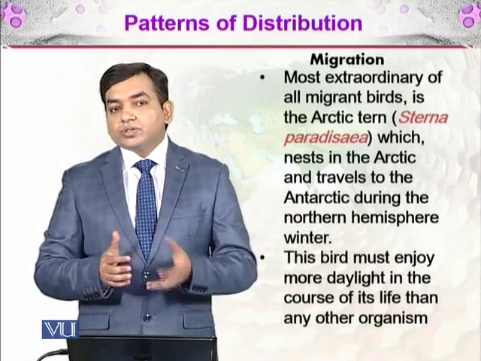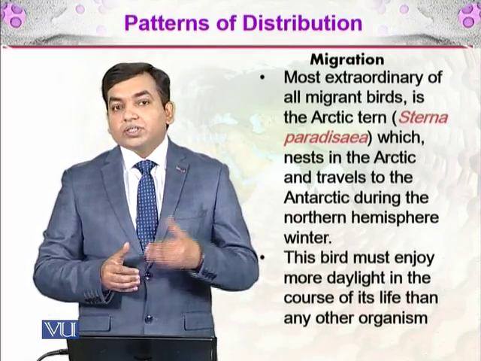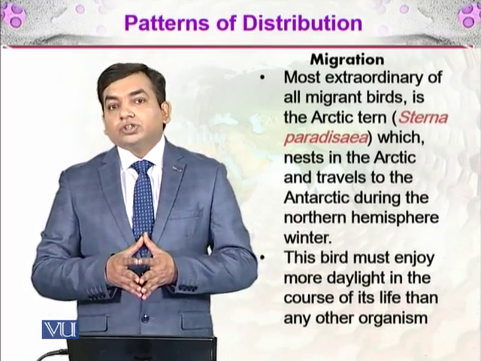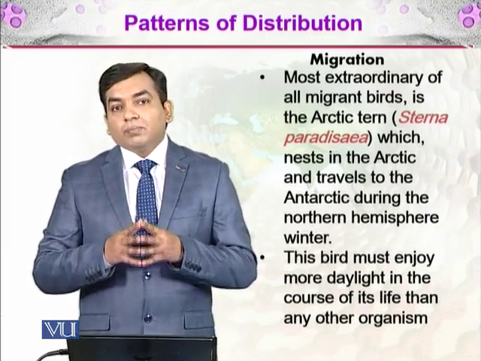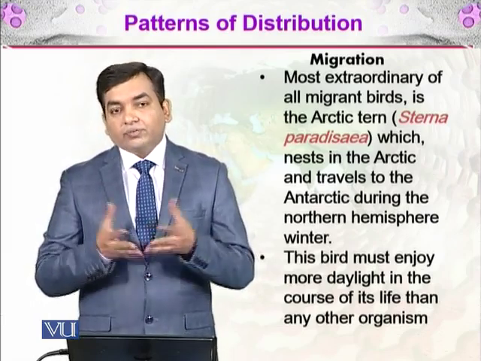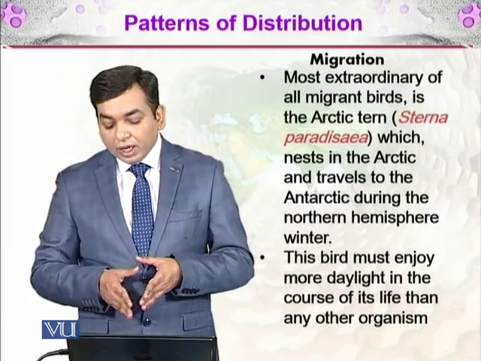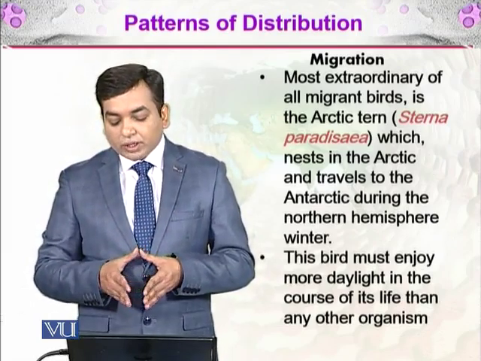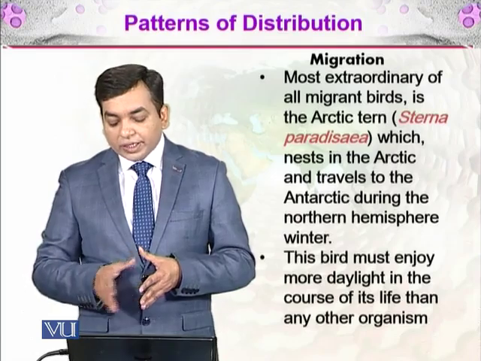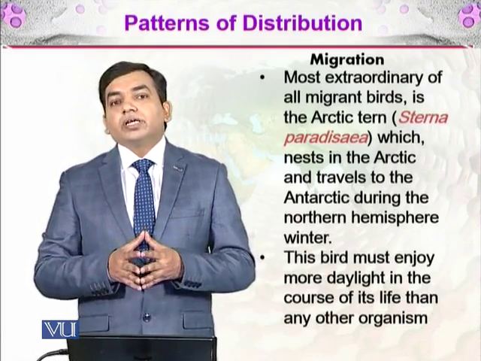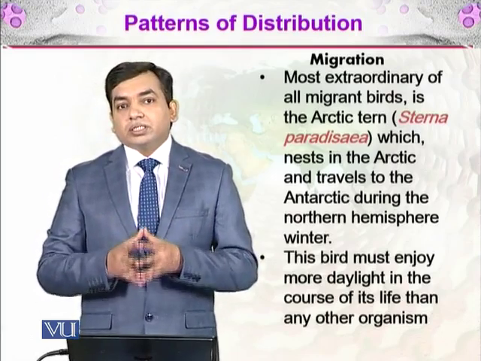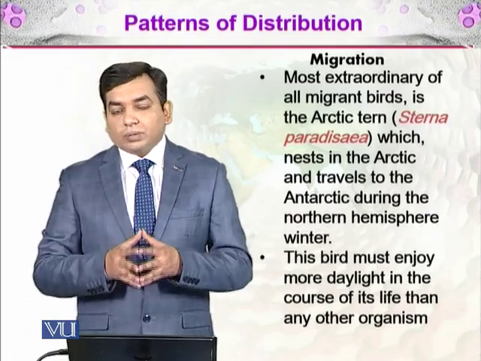When it is winter in the northern hemisphere, in November, December, January, this tern will migrate towards Antarctica, where it is summer. So this bird must enjoy more daylight in the course of its life than any other organism. It is always in the eternal sunshine of the summer.